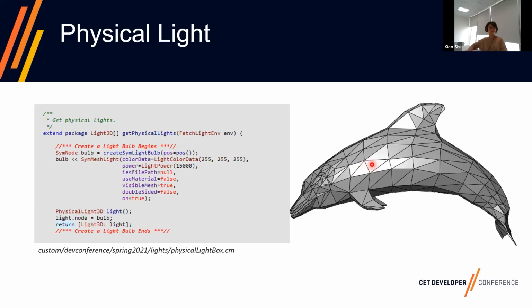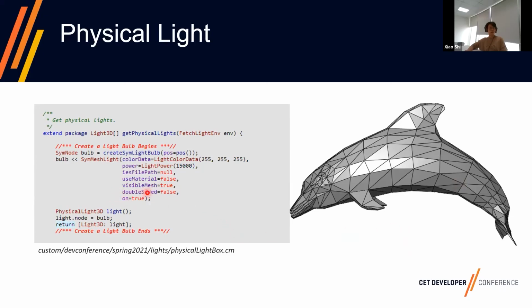And if you want to have more detail, then you have more triangles. If less detail, then fewer triangles. So this mesh light will take each triangle and turn that into a light. So every single little triangle will emit light by itself.